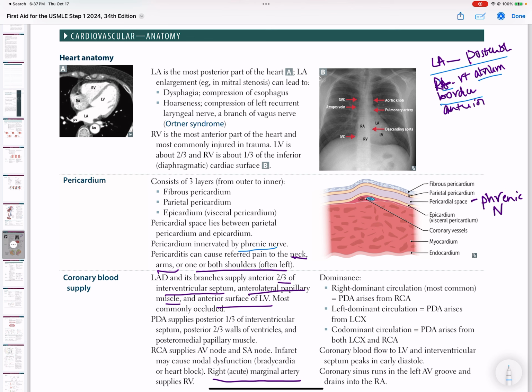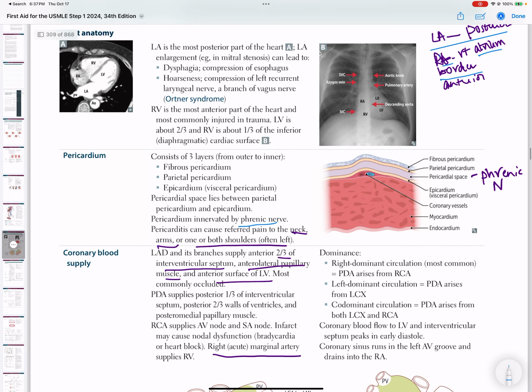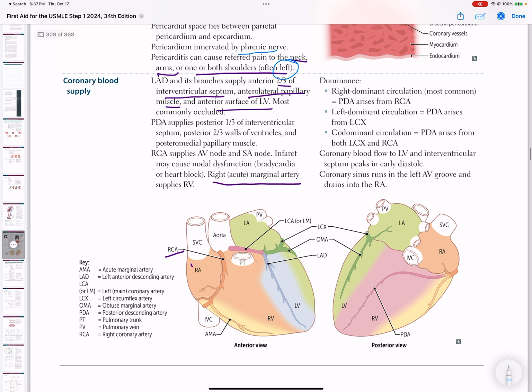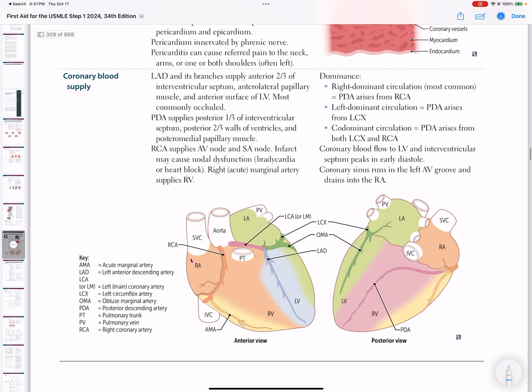Pericarditis causes referred pain to the neck, arms, or one or both shoulders, often the left shoulder. Okay. Now the other important discussion, which has a lot of questions, is the blood supply of the heart. So first things first, dominance.